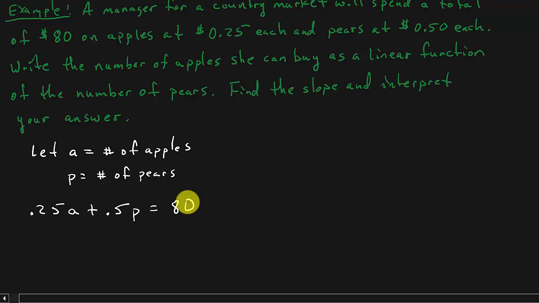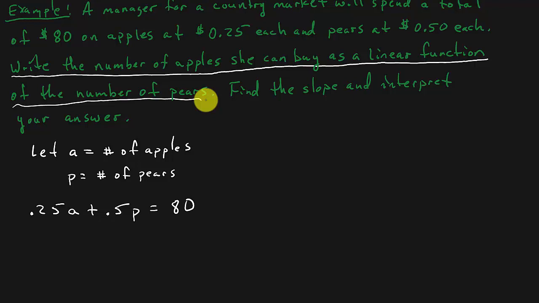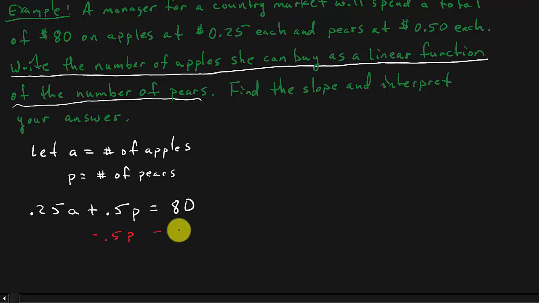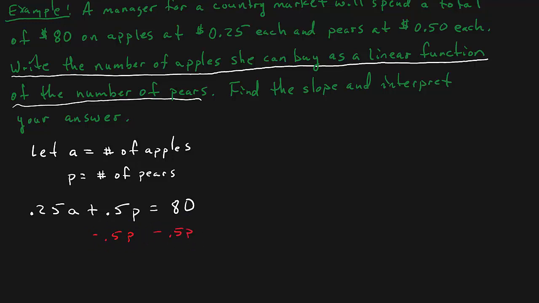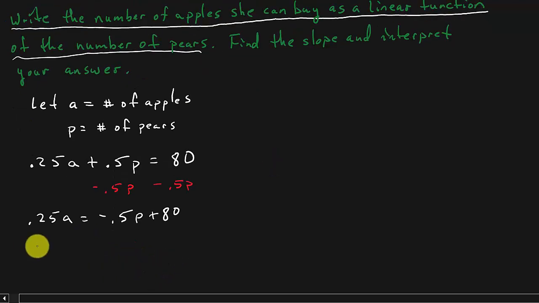All right. And what they're wanting us to do, write the number of apples she can buy as a linear function of the number of pears. So they're wanting us to solve for A. That's all that means, is solve for A. So if I subtract 0.5p to both sides, I get 0.25a equals negative 0.5p plus 80.